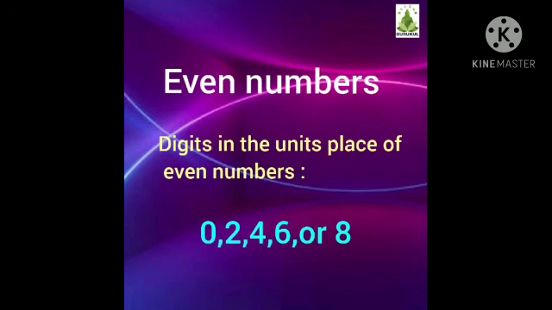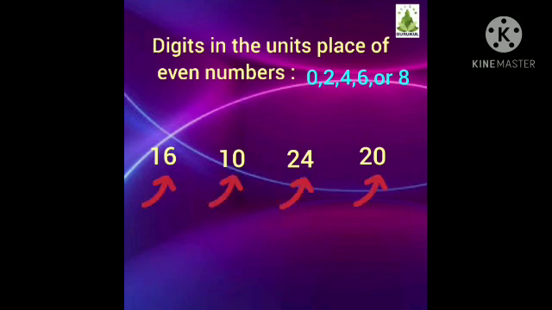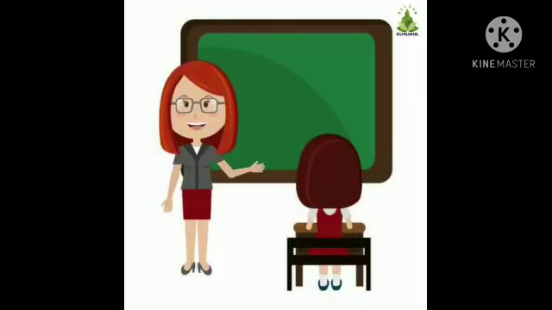For example, observe the following numbers 16, 10, 24 and 20. Observe the unit place digit 6, 0, 4, 0. That is why these numbers are even numbers. And also all these numbers can get divided by 2, means there will be no remainder. That's why we call these numbers even numbers.